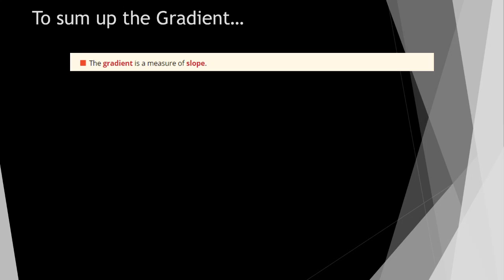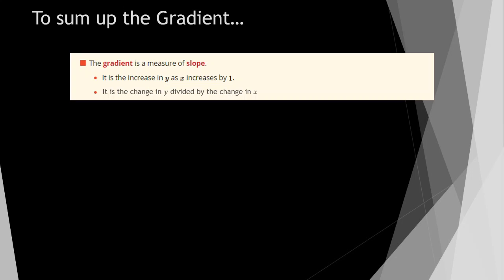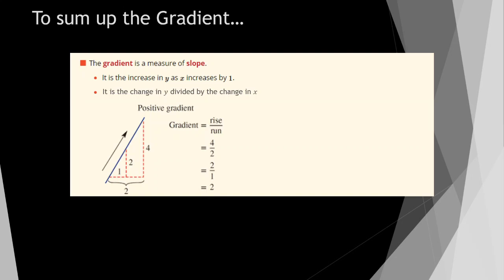So just to sum up what the gradient is, it's a measure of the slope. And it is the increase in y as x increases by 1. It is, as we've seen, rise over run, the change in y divided by the change in x. And here is an example of a positive gradient. So we find the rise has gone up 4.